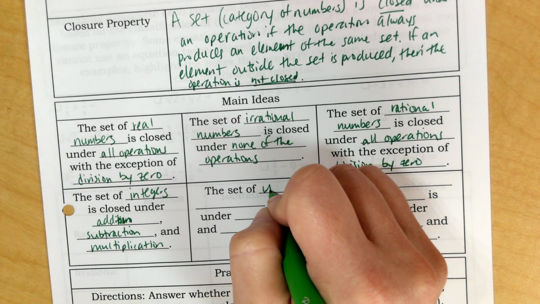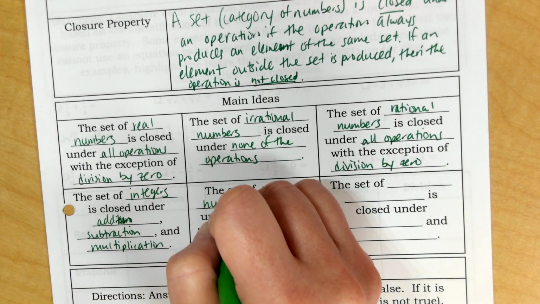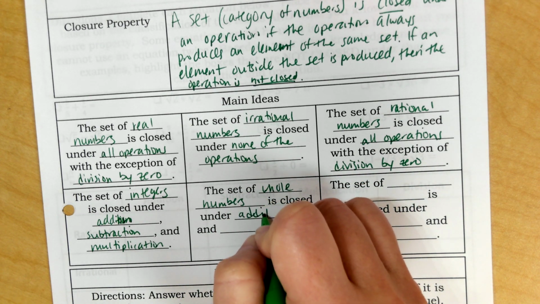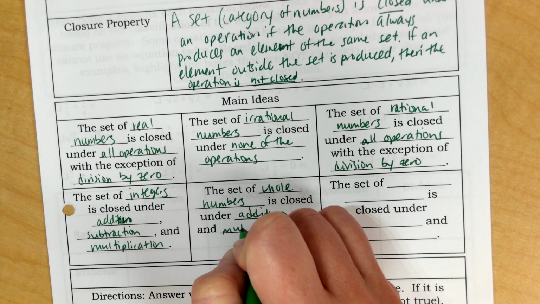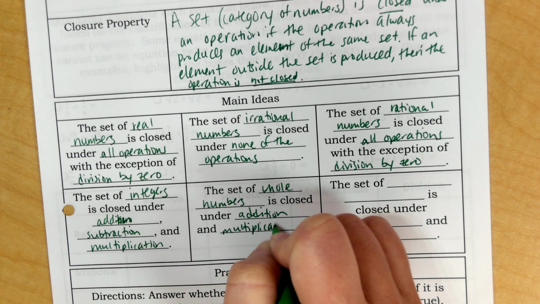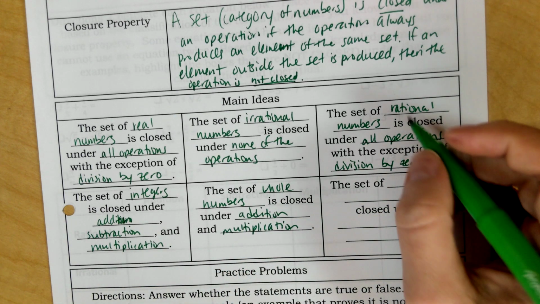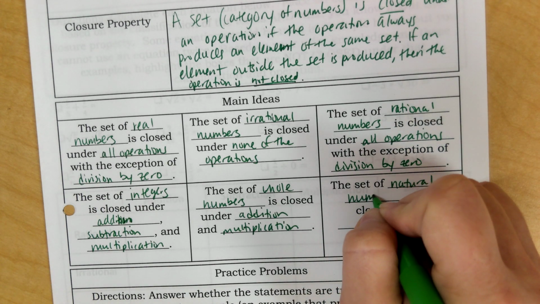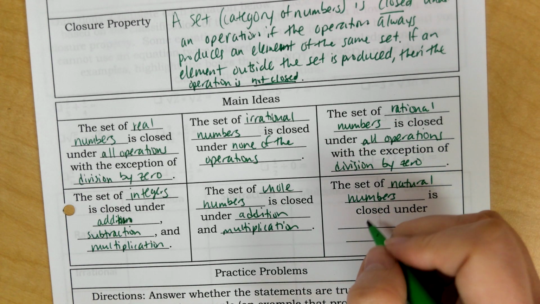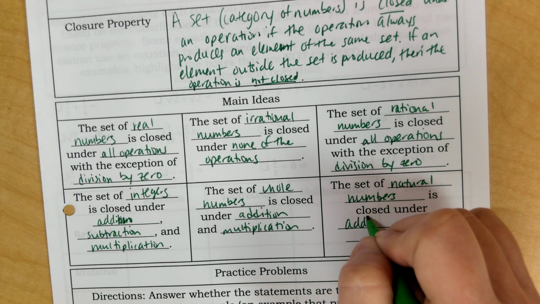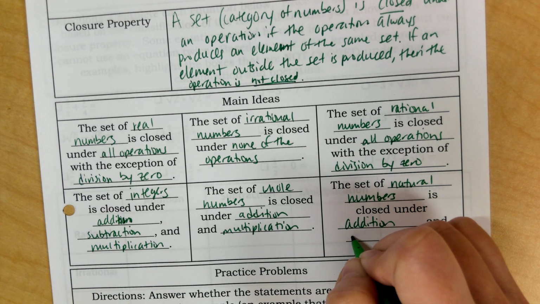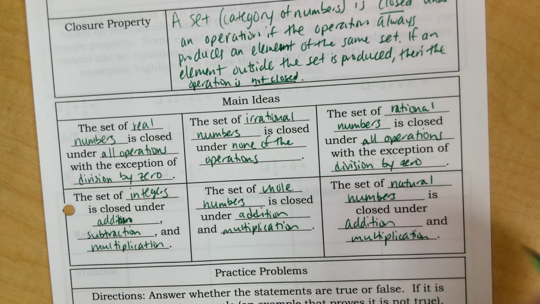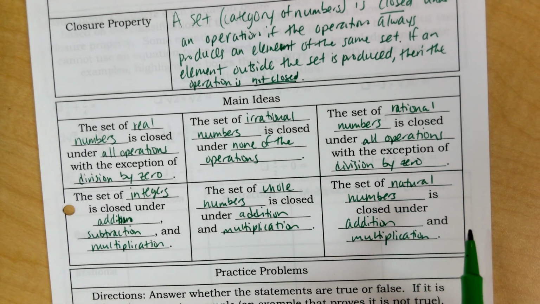The set of whole numbers is closed under addition and multiplication. And the set of natural numbers is also closed under addition and multiplication.